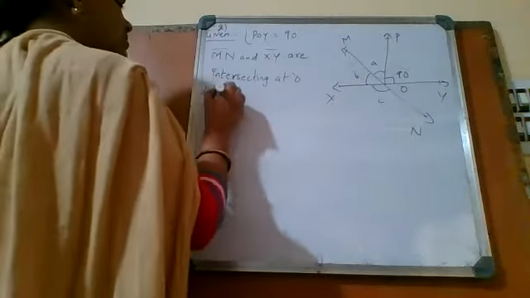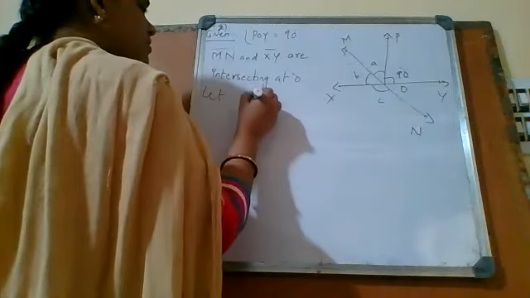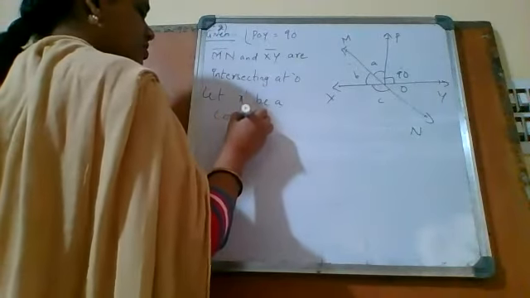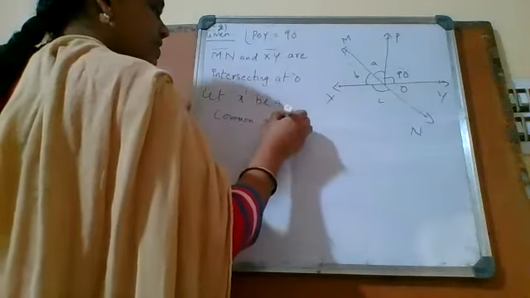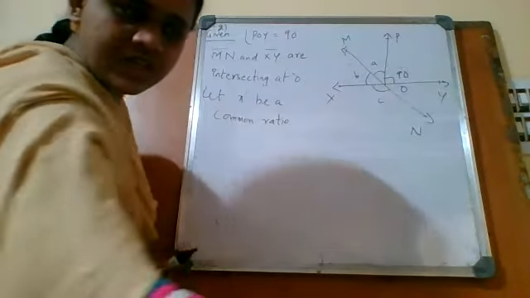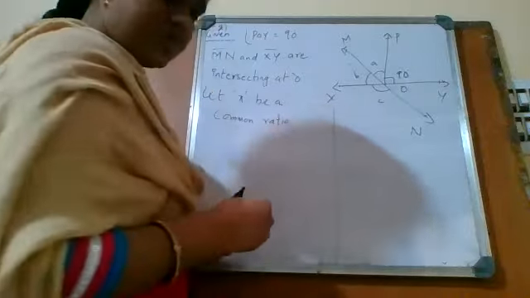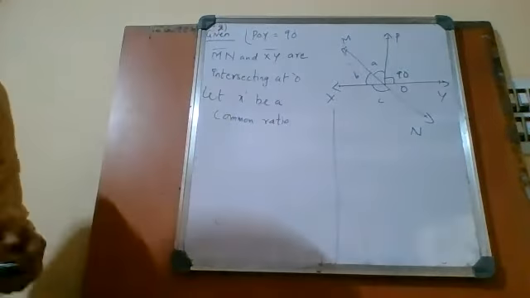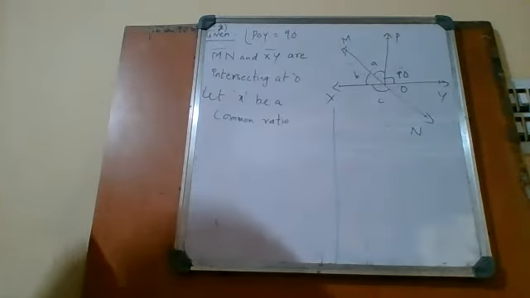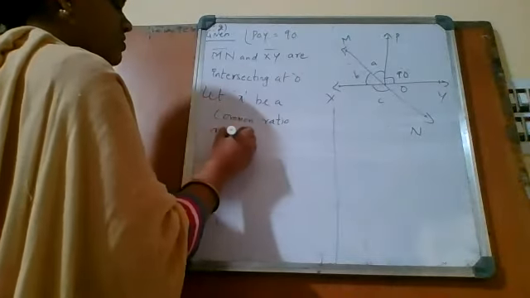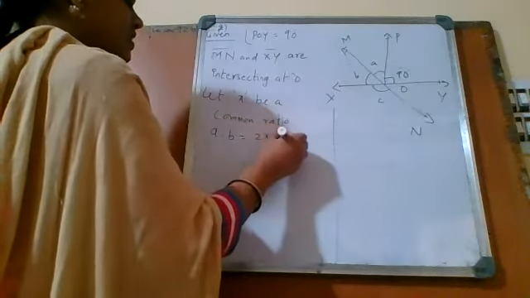And let x be a common ratio. What is the ratio given? A is to B is equal to 2 is to 3. Therefore, A is to B is equal to 2x is to 3x.